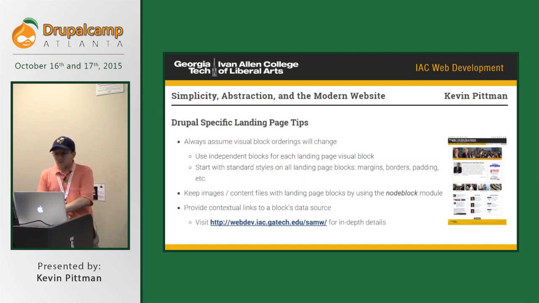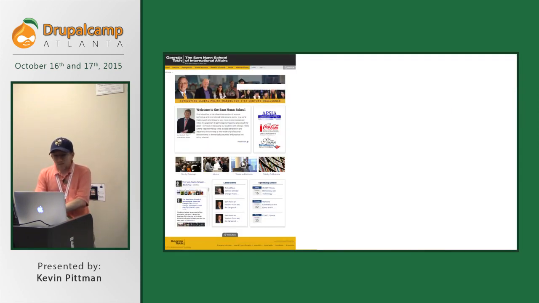So in Drupal specifically, I've worked up some techniques for getting our landing pages to be very smooth. And the first tip I give is always assume that your visual block orderings are going to change. So go ahead and spend the time building each block out as a Drupal block.